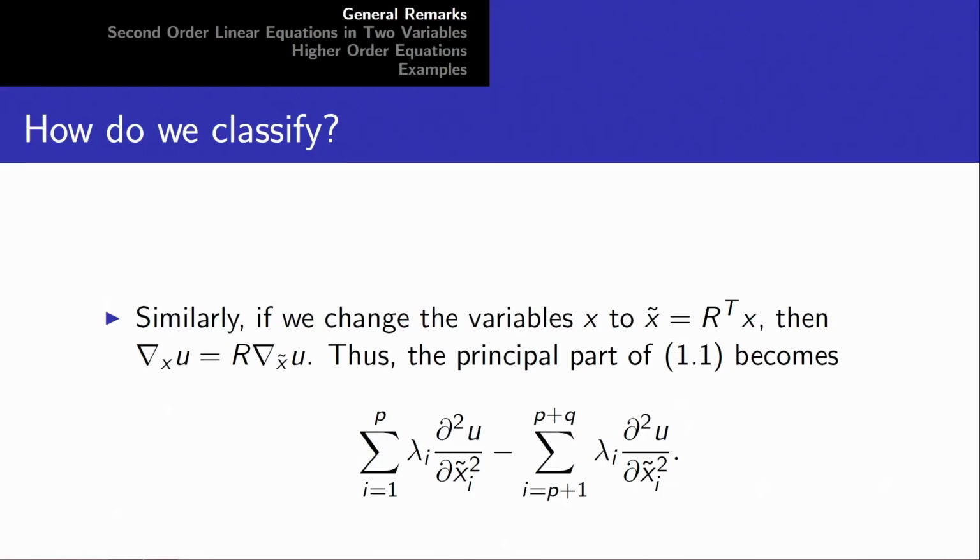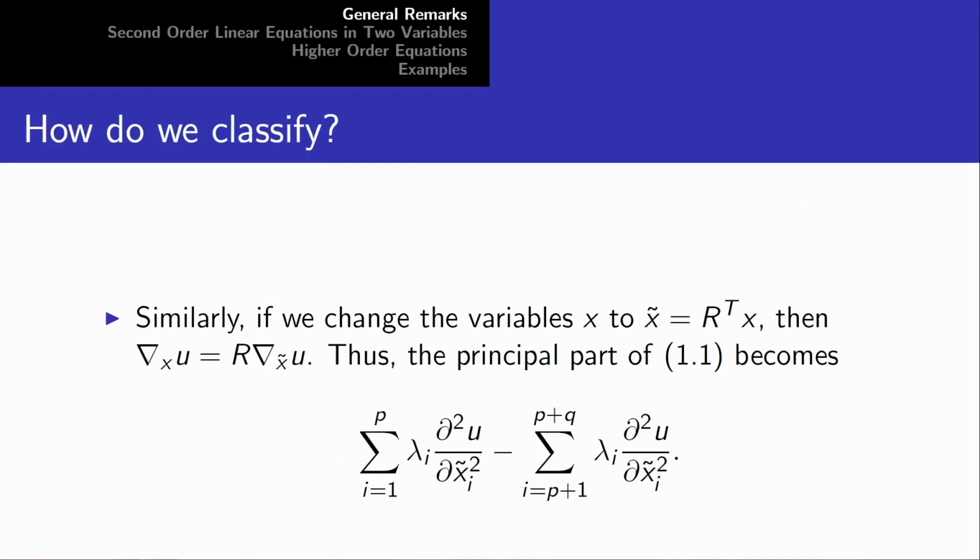Now just again use that rotation matrix and change the variables x to x tilde. Then the gradient vector of u with respect to the x variable changes to the gradient of u with respect to the x tilde variable by that rotation matrix.